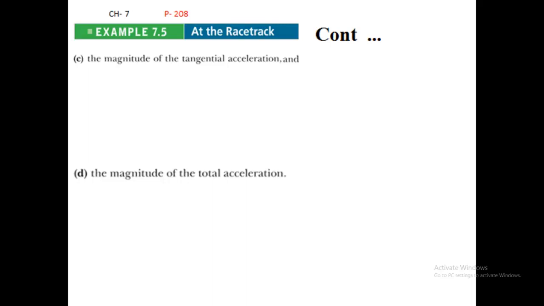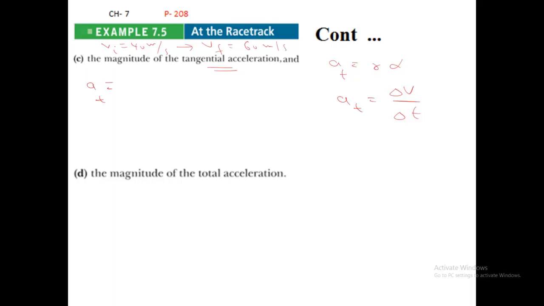Then you have to find out the magnitude of the tangential acceleration. We have seen that we have tangential acceleration R alpha, or another relationship del V over del T, because tangential acceleration is simply the linear acceleration. So if I use this rule here, because I have initial and final, the speed changes from 40 to 60.